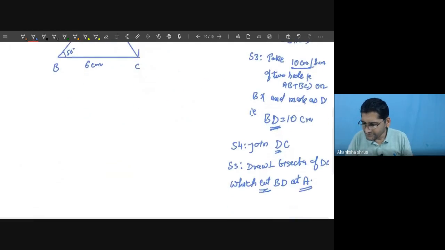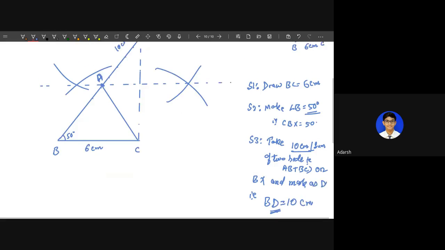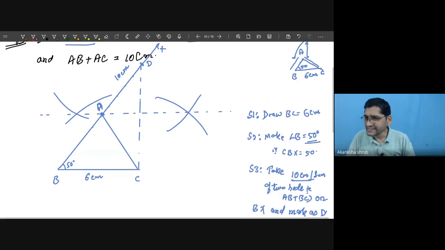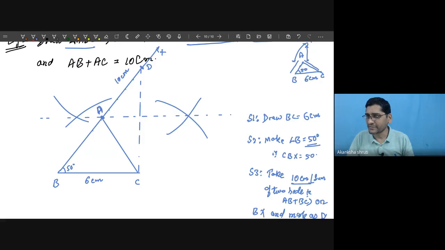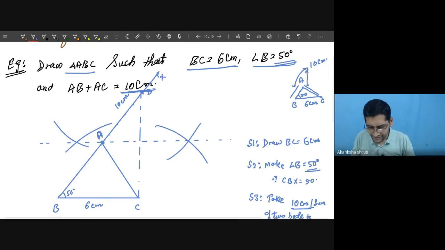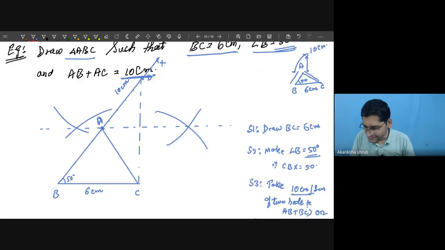Students, how much will be the length of AB and AC? The exact lengths of AB and AC we cannot determine, and that is not required. Here AB plus AC is 10 centimeter. We can understand why this is 10 centimeter.